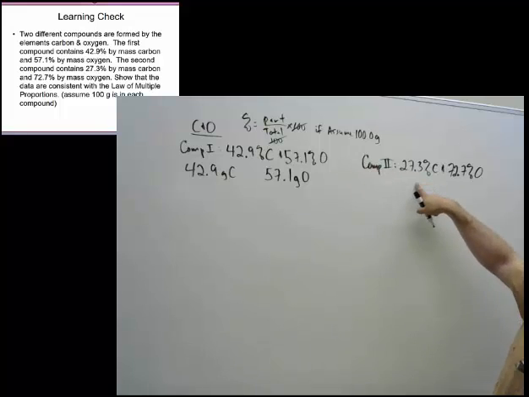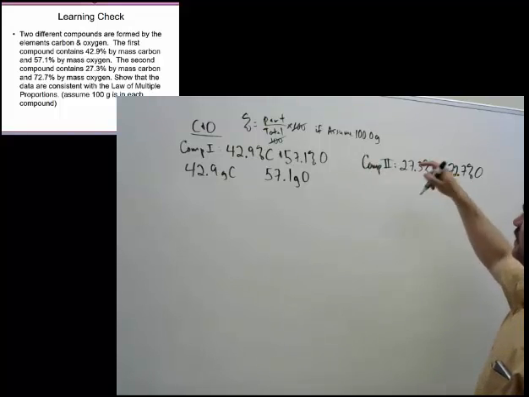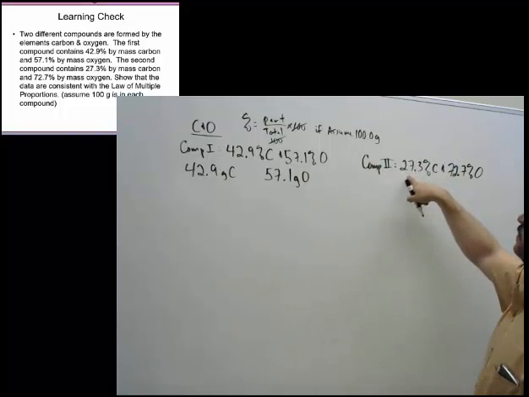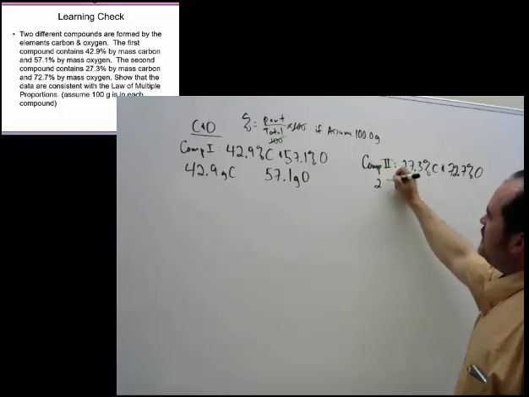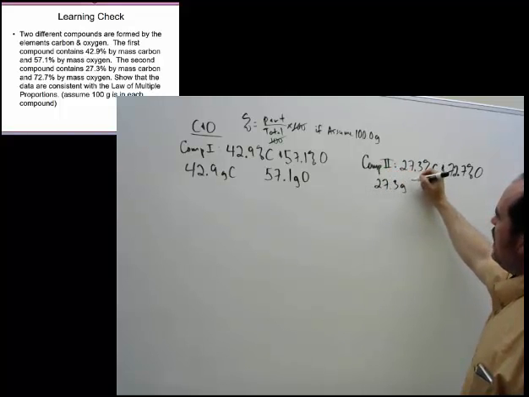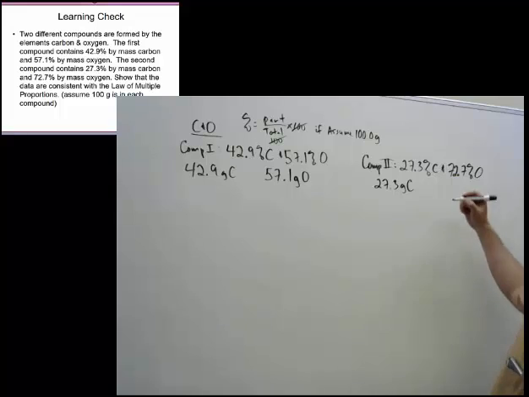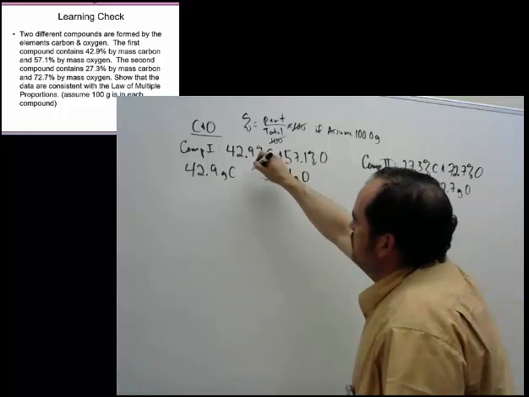It contains the elements carbon and oxygen. But here, if I have 27.3% of carbon, I must have 27.3 grams of carbon, and 72.7% of oxygen must mean 72.7 grams of oxygen.